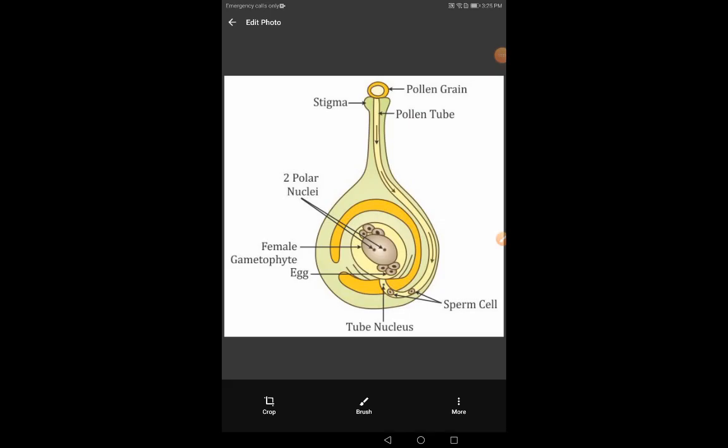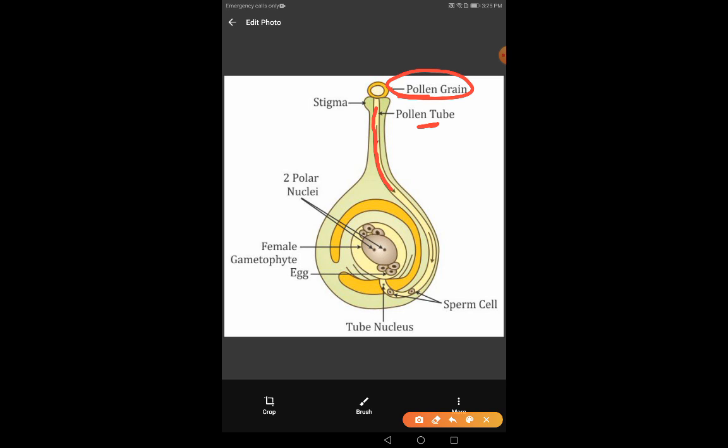Here you can realize, guys, that this is the fertilization process happening between the sperm coming from a pollen grain. The pollen grain will start to form something called a pollen tube. This is a pollen tube. It will start to grow until reaching the place where the sperm cells can enter.